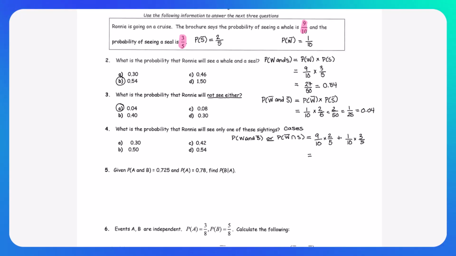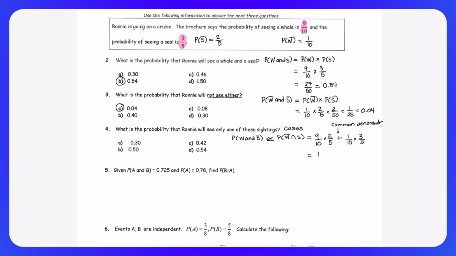So in this case, I don't actually want to do any reducing first because I have this adding right here. I need to have a common denominator to add them. So I'm not going to reduce anything yet. We're going to do all our reducing at the end.